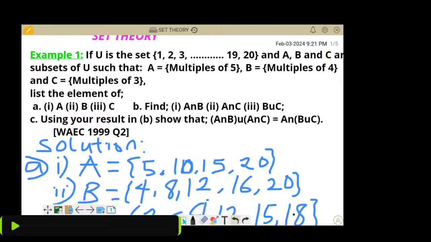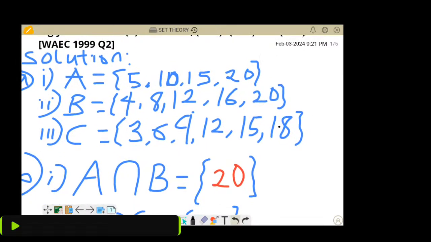A is the multiples of 5, that is, the numbers between 1 and 20 that can be divided by 5 without remainder. B is multiples of 4, numbers between 1 and 20 divisible by 4 without remainder. Similarly, C is multiples of 3. We were asked to list the elements of A, B, and C, and we were able to do that in part A of the question.